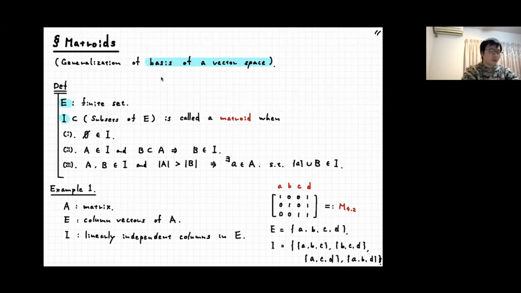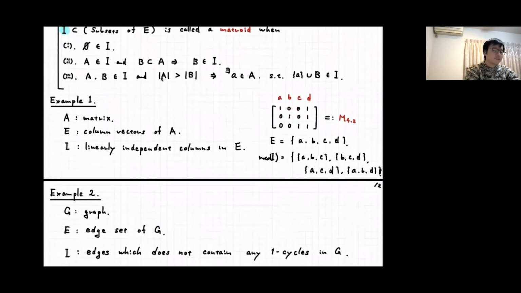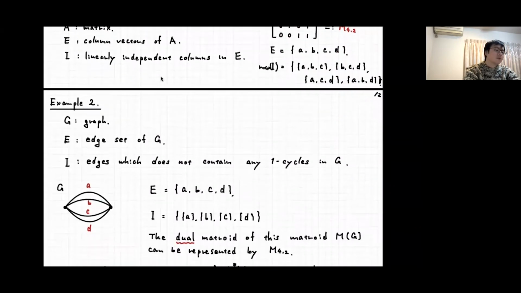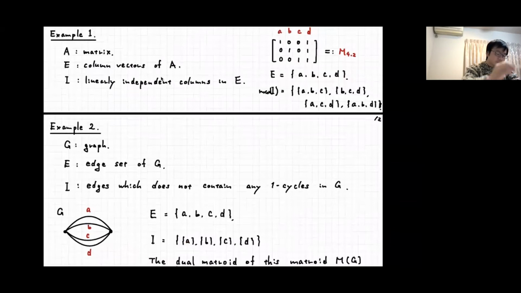So as linearly independent columns, we obtain, sorry, I should say maximal independent sets, because we also can choose, of course, just 1 column or 2 columns and so on. So the maximal independent sets are given by ABC, BCD, ACD, and ABD. So this is a first example.